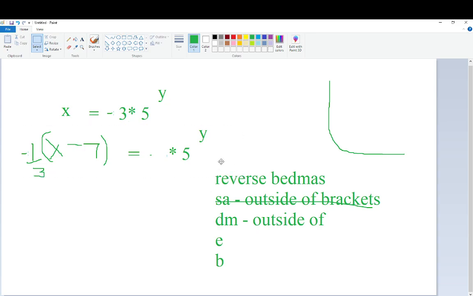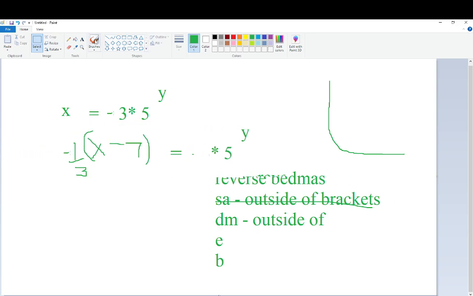We take a log of both sides. The y can go down in front. And we can divide both sides by log 5, which essentially just makes this base 5. There you go.